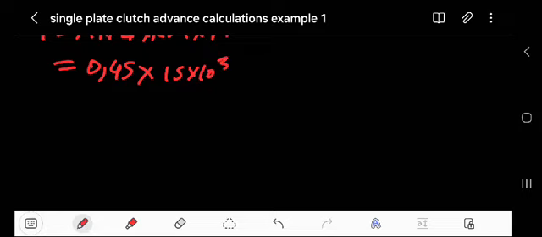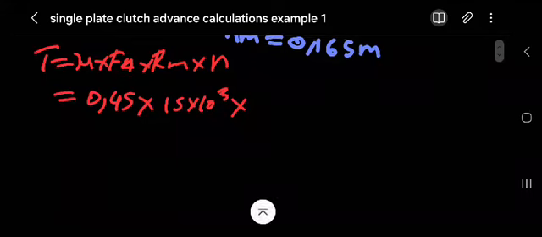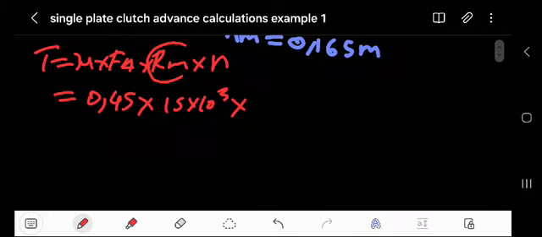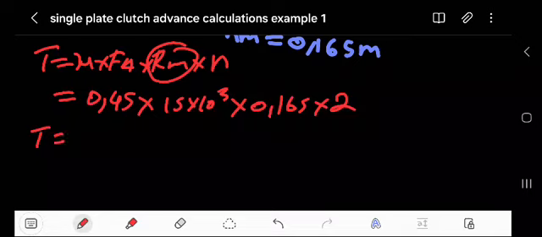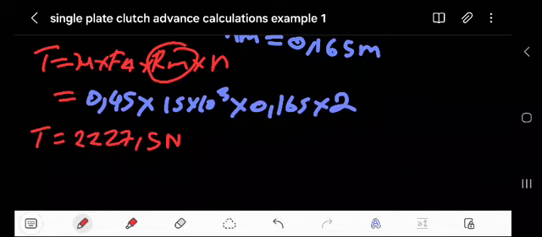Then multiply by Rm, which is 0.165 because it is uniform pressure. The number of contacts will be 2, as it is a single plate. Then punch this in, and the torque will be 27.5 newton meters.